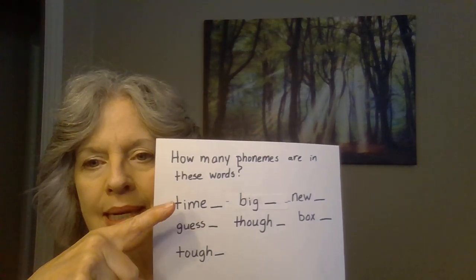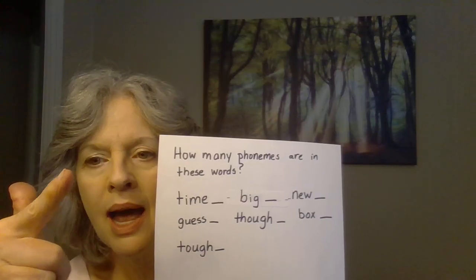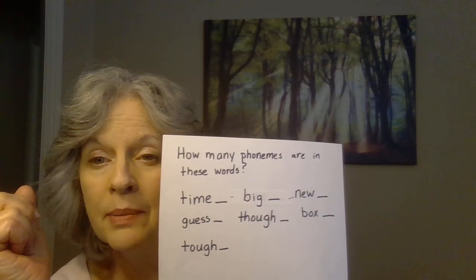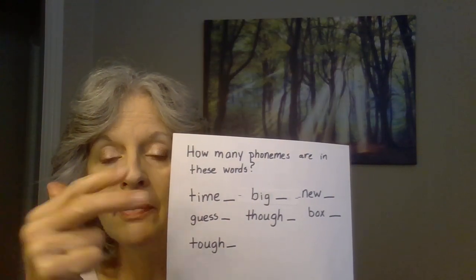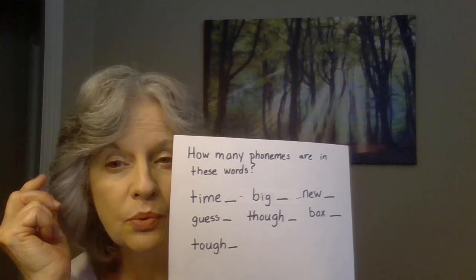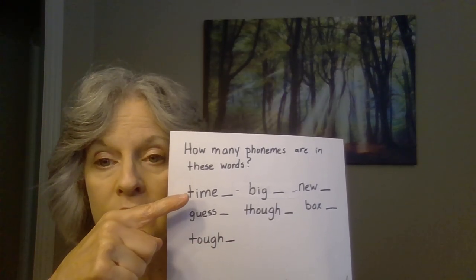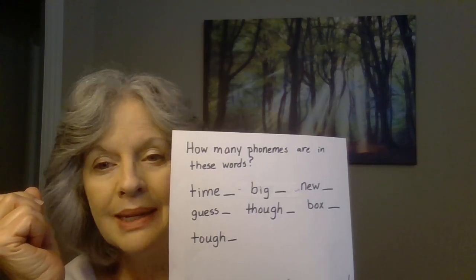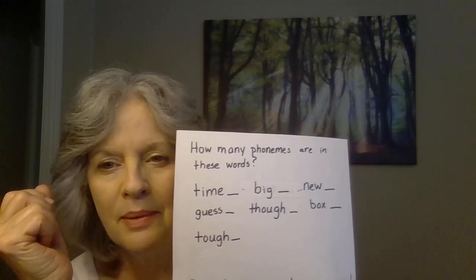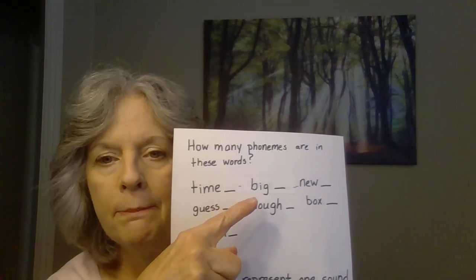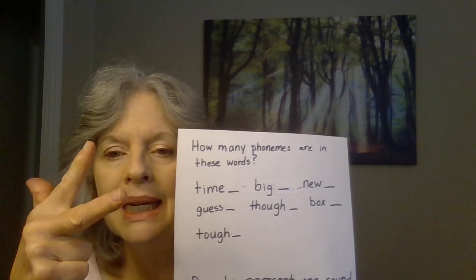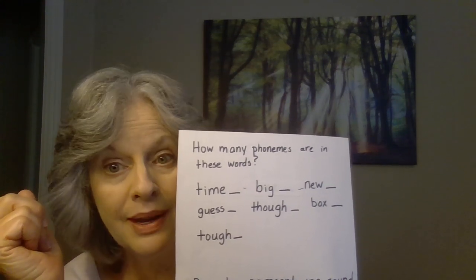So the word time, t-i-m, time. That's three phonemes, or three sounds you hear in that word. But there's four letters, so you see phonemes and letters are not the same thing. What about the word big? B-I-G. Three, and there's three letters.